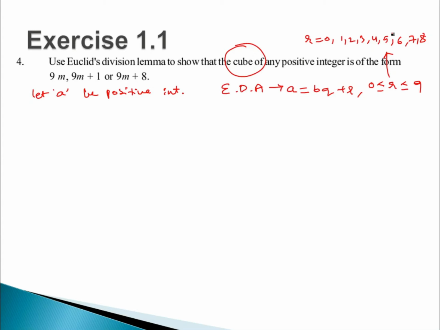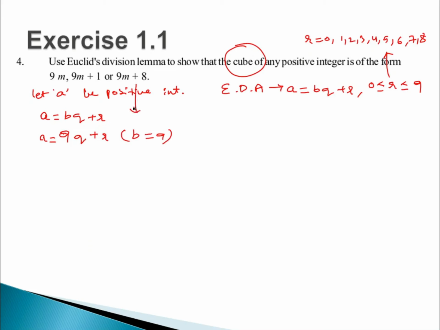So you should look carefully at the required values. What happens if we substitute the required values here? If I am taking a cube, let A equal BQ plus R. Now I can write this as A equals, with B as 9, 9Q cube plus R, as you know that B is equal to 9.